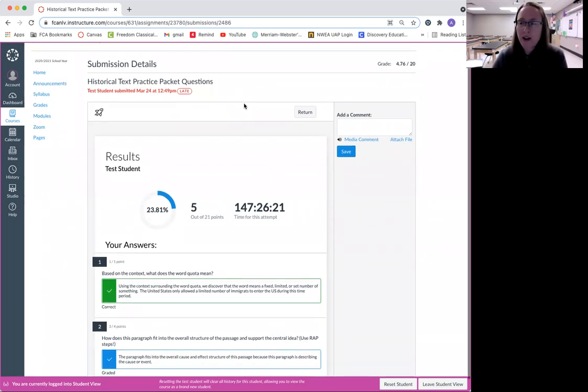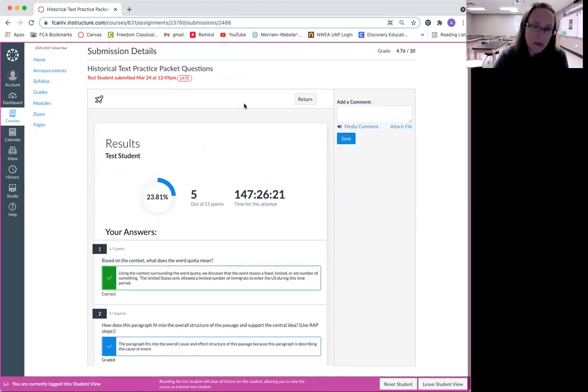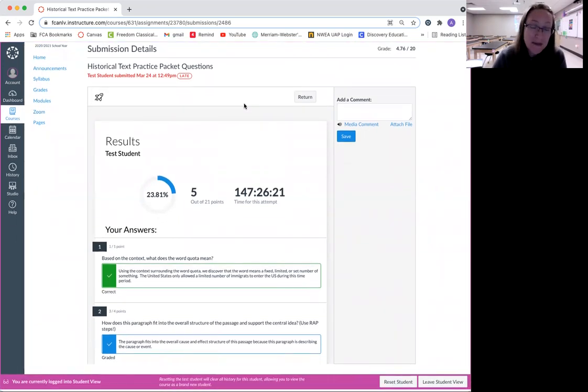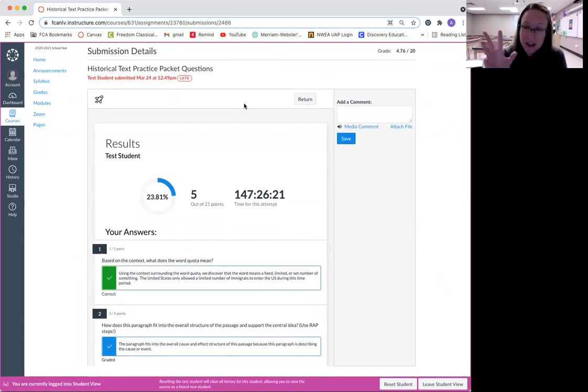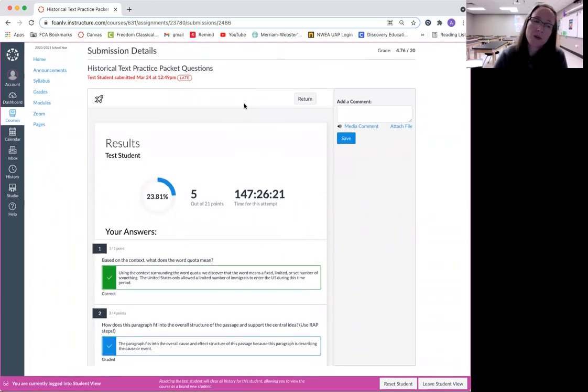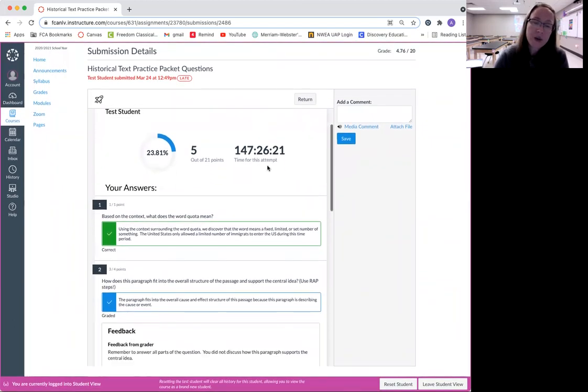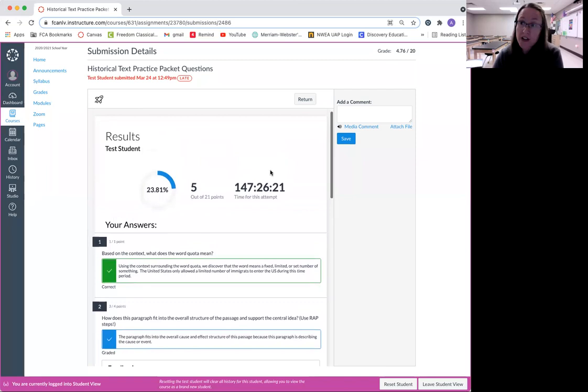Again, our new late policy: each day that something is late, you're losing 10% of the earned grade. So it is always good to know how late something is. Hopefully we want to turn assignments in before the due date, but just in case. Now, when you scroll down, you're going to see the rest of your answers and how these things were graded. So this student received 5 out of 21 points.